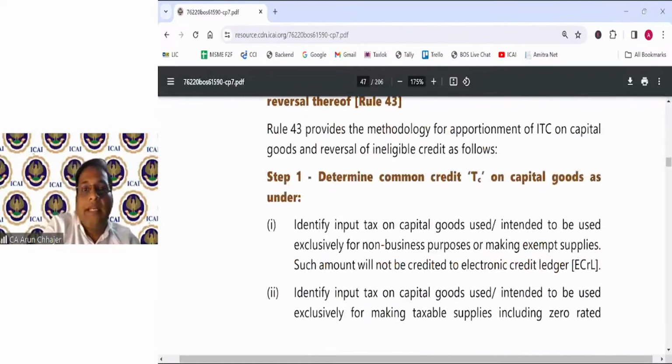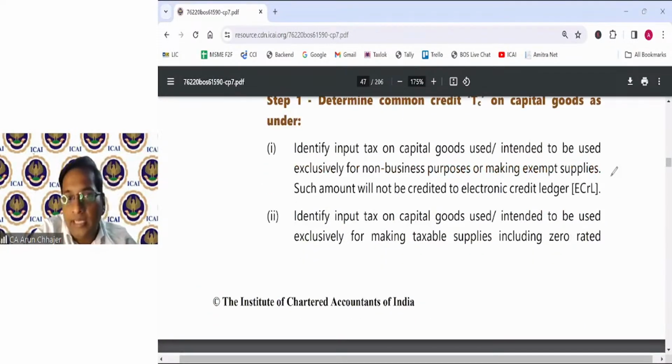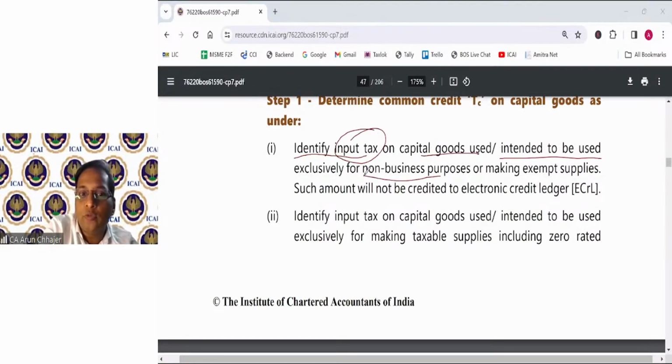Step number 1. Determine the common credit on capital goods as under. Identify the input tax on capital goods intended to be used exclusively for non-business purpose or making exempt supply.